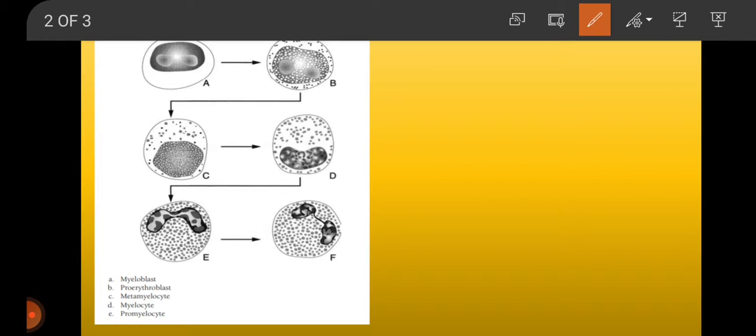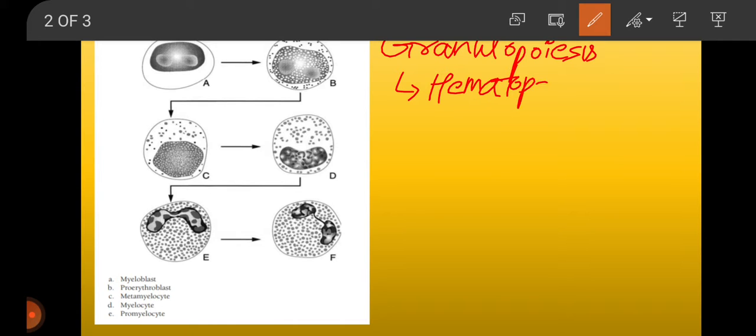Okay, so this whole process is basically known as granulopoiesis, right? And it is a part of something which is known as hematopoiesis. Now, what is hematopoiesis? Hematopoiesis is basically the production and formation of blood cell and blood plasma.